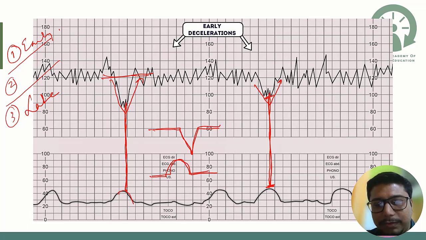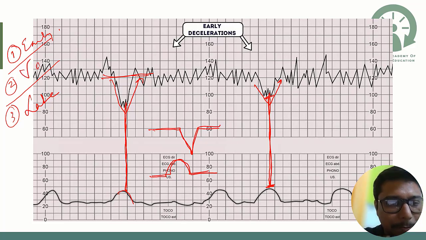In the labor room, when you are doing fetal heart monitoring by intermittent auscultation, it is always suggested that you do it after the contraction passes off, because your idea is to pick up the late decelerations. Late deceleration should not be missed, the others can be missed, right?